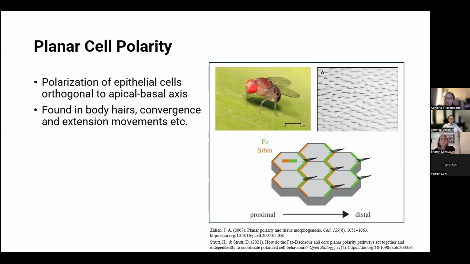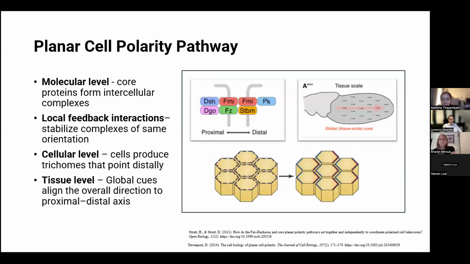So cells orient themselves and their neighbors by establishing an asymmetric expression of PCP proteins on neighboring cells. Now, the underlying pathway comprises different levels. At the molecular level, there are core proteins that form intercellular complexes, and then there are local feedback interactions between neighboring cells that stabilize complexes of the same orientation.